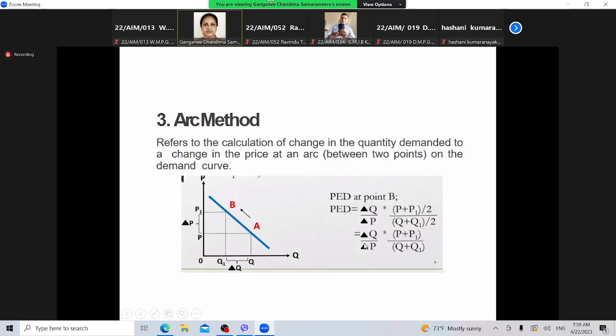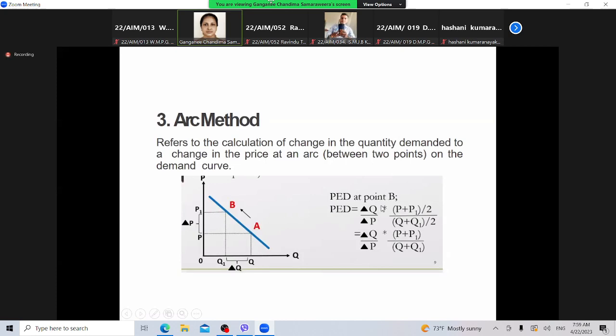Then for the arc method, write the equation. Arc method means calculation of change in quantity demanded to change in price at an arc. Arc means between two points. We draw it the same way, but your equation is a little bit different.